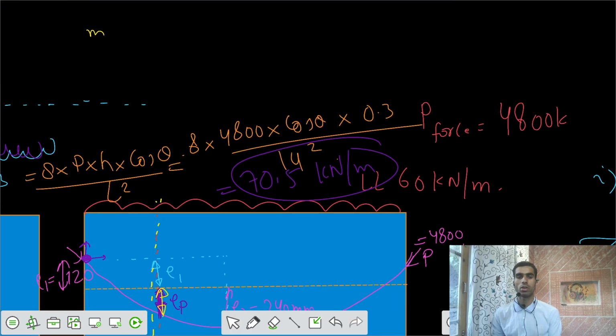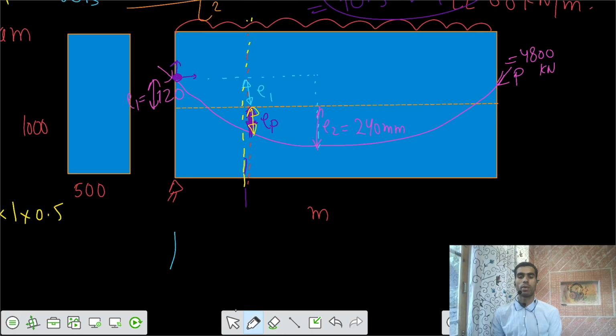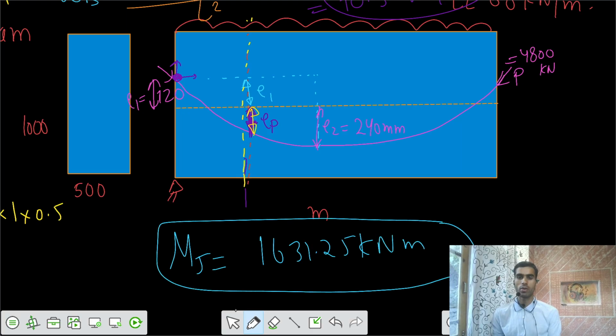We already calculated the moment at 5. Moment at 5 was 1631.25 kilonewton meters, because of the external loads of UDL dead load and live load.